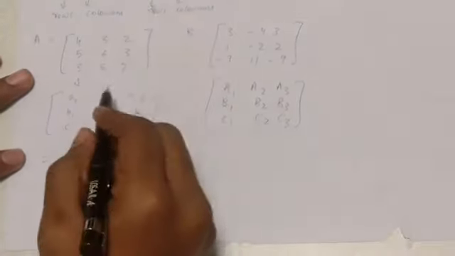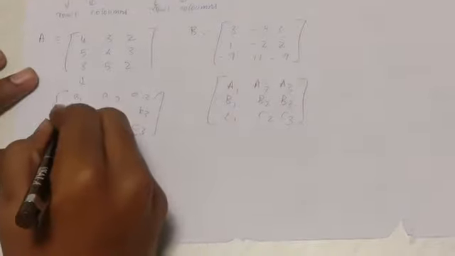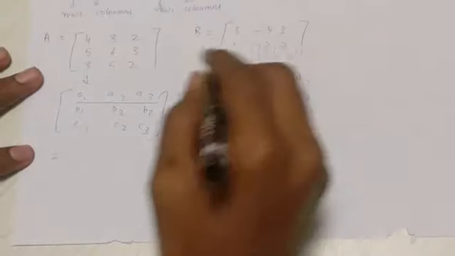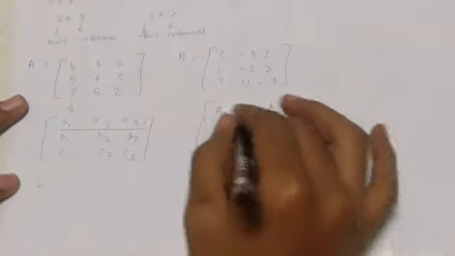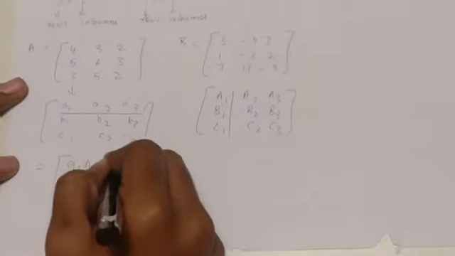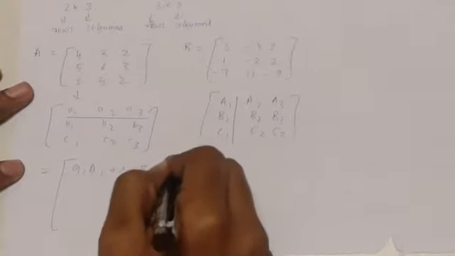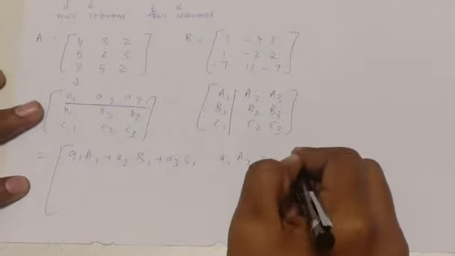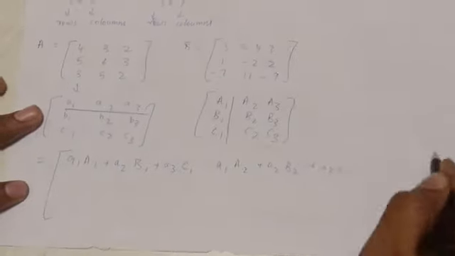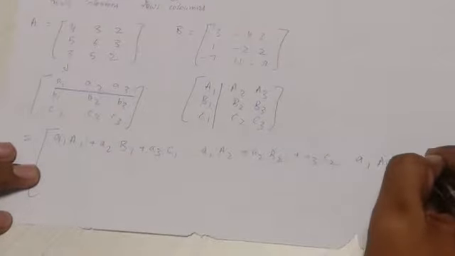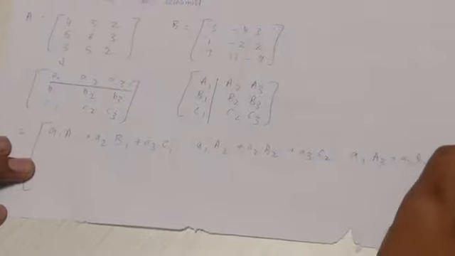Now the basic rule in matrix multiplication is, we take the first row and multiply it with the first column of the second matrix, and this goes on to every row and every column consecutively. That means A1 A1 plus A2 B1 plus A3 C1, and the same for the second: A1 A2 plus A2 B2 plus A3 C2, and A1 A3 plus A2 B3 plus A3 C3.